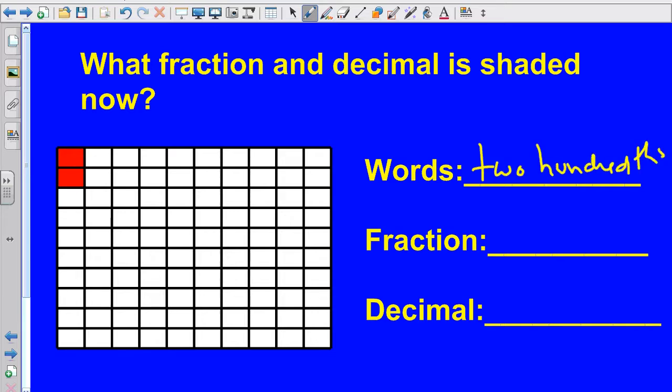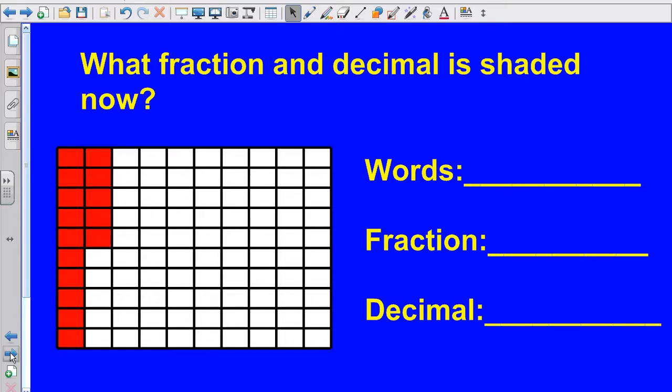Remember, it's THS ending. How do we write this as a fraction, Caleb? 2 out of 100. And as a decimal, Haley? 0.2. There you go. It's read as 0.02. Okay? That is 2 boxes.